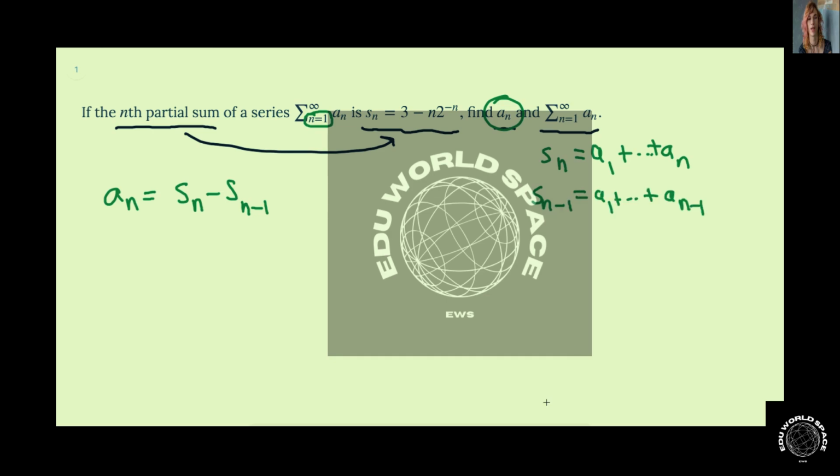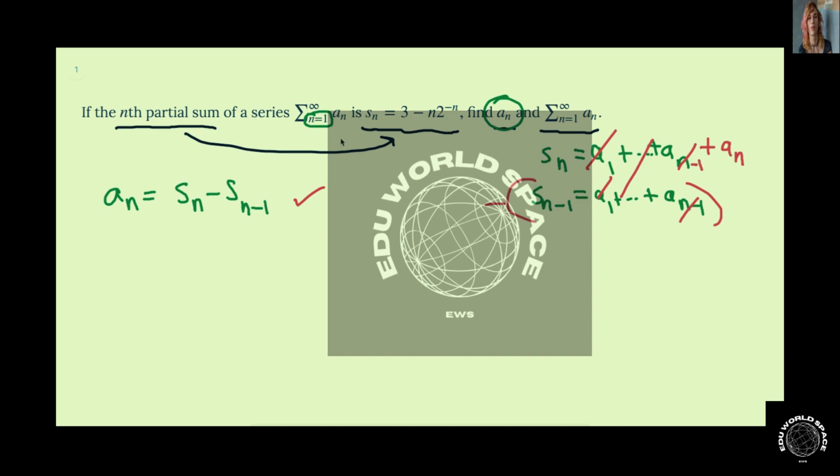I could go back to the previous line and write S_n is all the way up to a_{n-1}, and I also add one more a_n there. So when I subtract S_{n-1}, we cancel all the a's up to a_{n-1}, and we're left over with a_n. That verifies this equation.